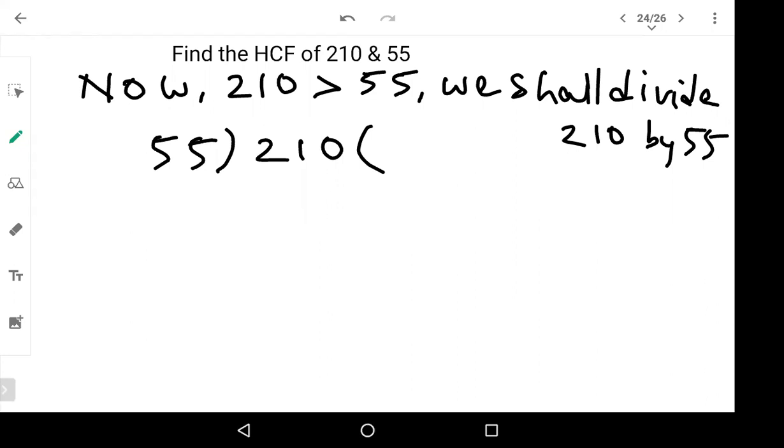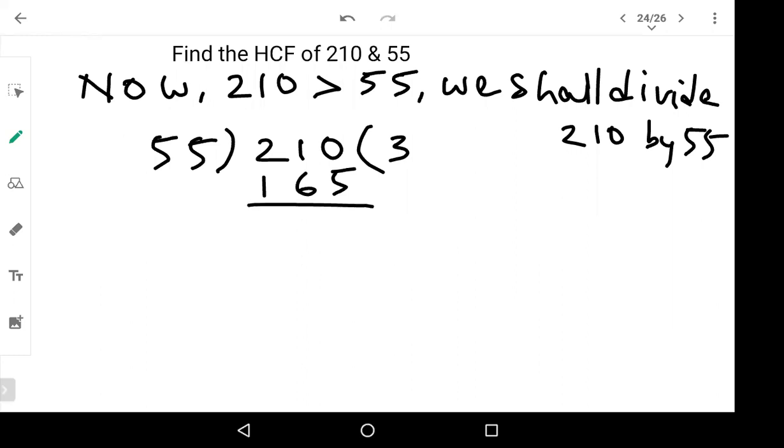That will be a very big number. If you divide 210 by 55, you get 3.81 something. So what we will do is take 55 threes. So what is 55 threes? 55 threes is 165.